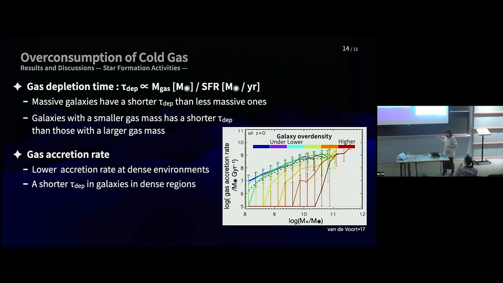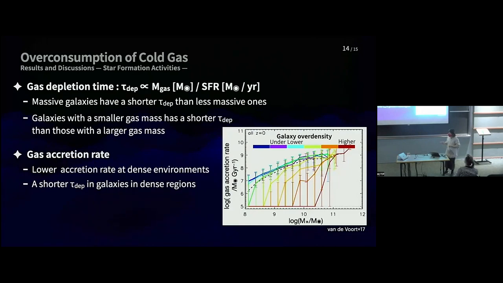Red color indicates the result of the high density environment, and the blue one shows the low density environment. Then we found that the gas accretion rate in the high density region shows a drop compared to the low density environment over the whole stellar mass range. So that leads to a shorter depletion time in galaxies in denser environments than in lower density ones.